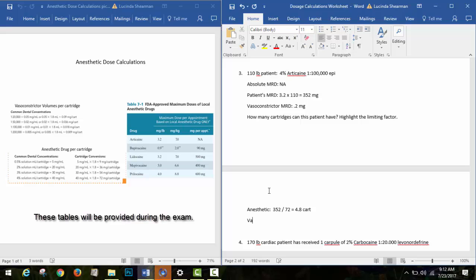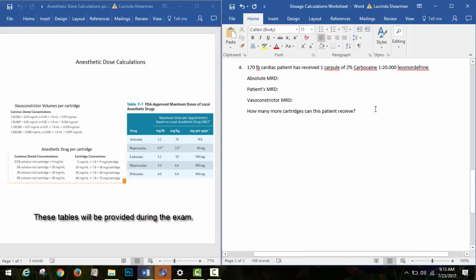For the vasoconstrictor, 0.2 divided by 0.018. If you remember from the last calculation, that's 11.11 cartridges. So in this case, the anesthetic is the limiting factor at 4.8 cartridges.